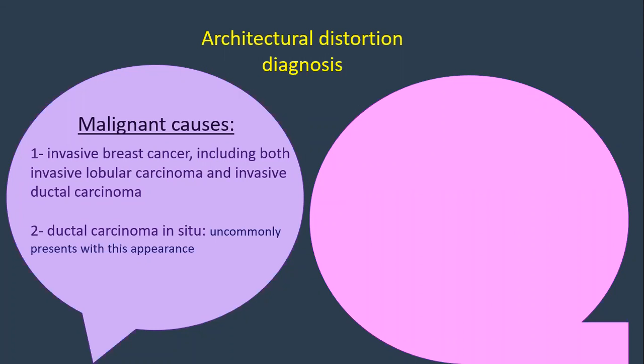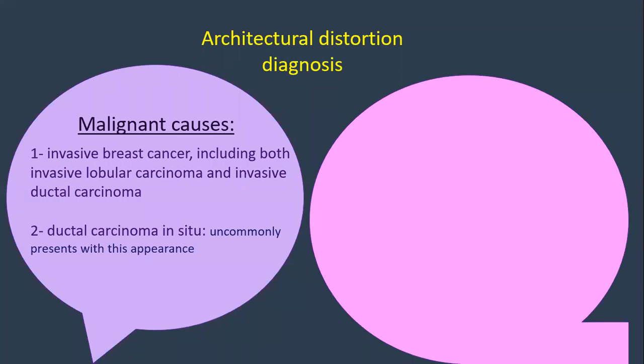Also, what do we call it? Fibromatosis. What is the common location of fibromatosis? Okay, we'll go for that. What about the other etiologies, benign etiologies?